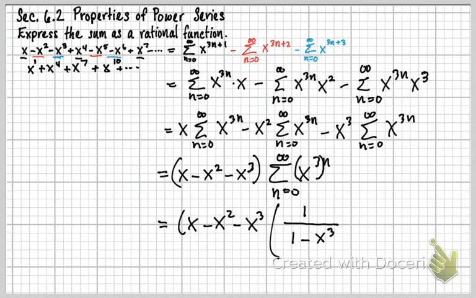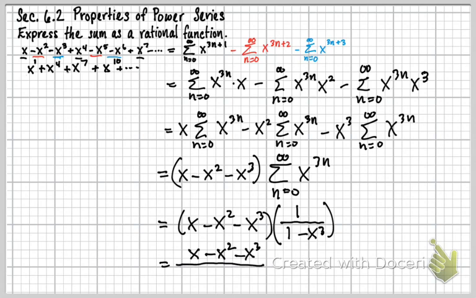This is really x cubed to the n. So this would give me this as my answer. To make this look a little nicer, I get x minus x squared minus x cubed all over 1 minus x cubed. So there's our final answer for this problem.